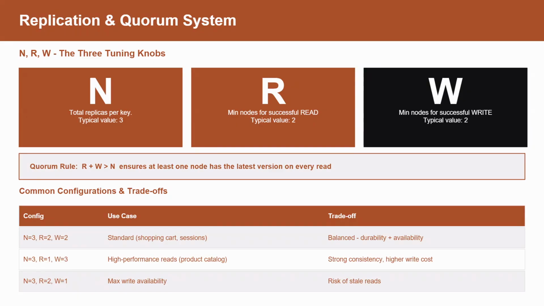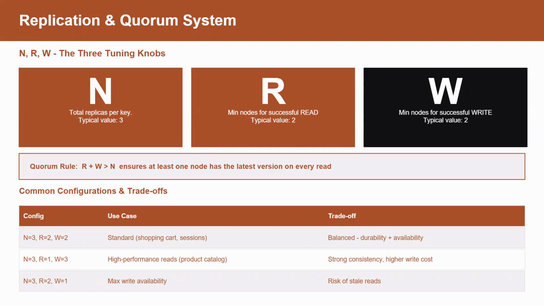This means data is stored on 3 servers. At least 2 servers must respond for a read and at least 2 servers must confirm a write. Dynamo follows an important rule called the quorum rule. That means R plus W must be greater than N.